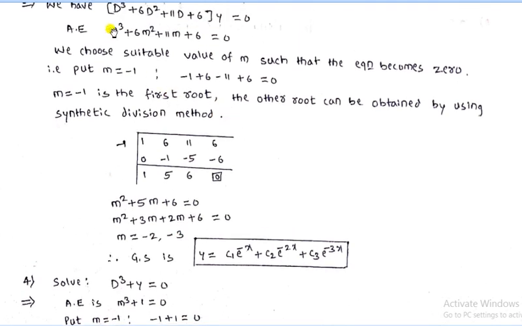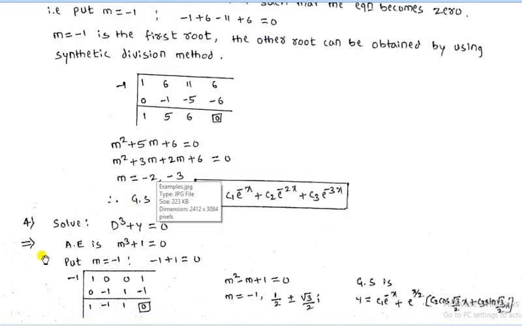So now the equation is cubic, so it has totally 3 roots: m equal to minus 1, m equal to minus 2 and m equal to minus 3. So all the 3 roots are different. Therefore its general solution is y equal to c1 e to the power minus x plus c2 into e to the power minus 2x plus c3 into e to the power minus 3x.